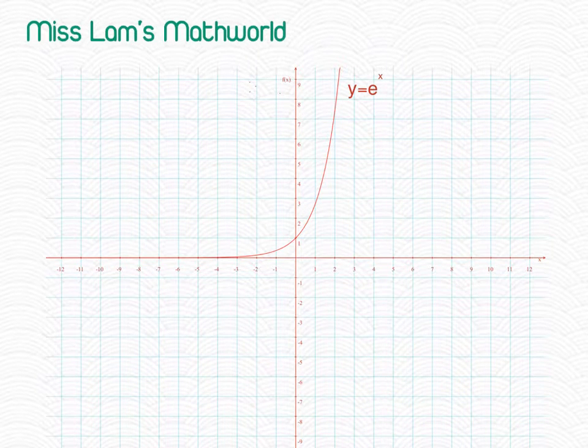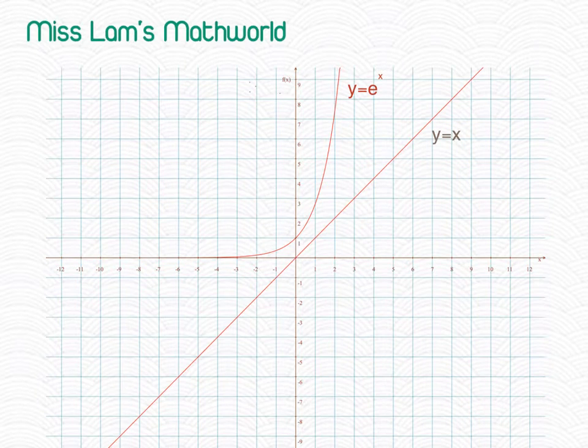Right now, let's have a look at the graph of log x. Let's try to sketch it. This graph is obtained by reflecting the exponential graph in the line y equals x. You can see here the axis of symmetry, y equals x.